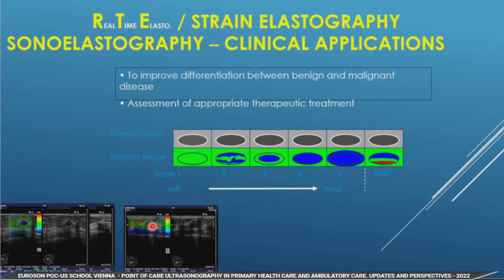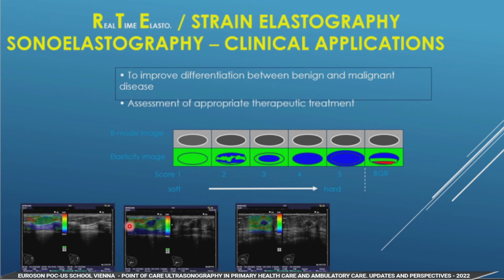And then we jump to score 4. In score 4, you have the same size of B-mode image and the strain elastography, but the internal echoes are really blue, deep blue. That means hard for the Japanese people, highly suspicious of malignancy.